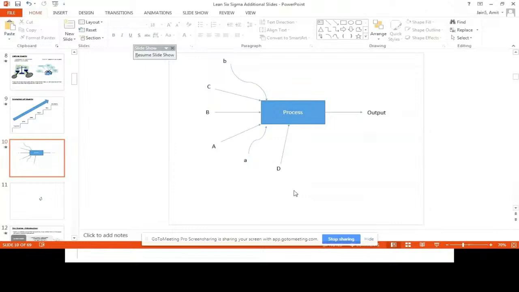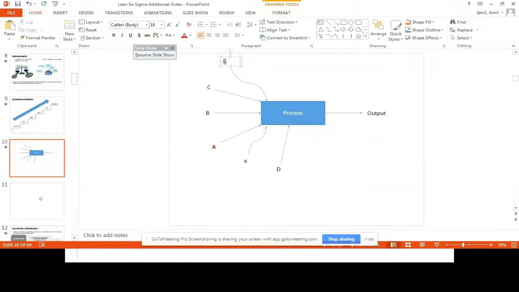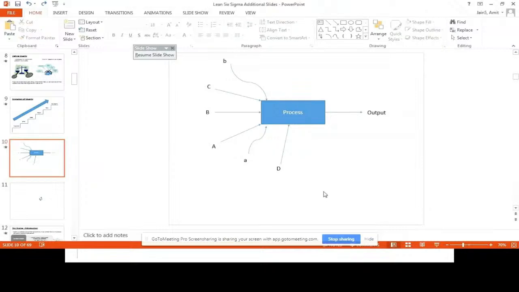Sometimes there might be a need to control this one here, process A. Sometimes there might be a need to control process C. Sometimes there might be a need to control process D. Right? Because every time, it would not be the same process which would be causing the variation.